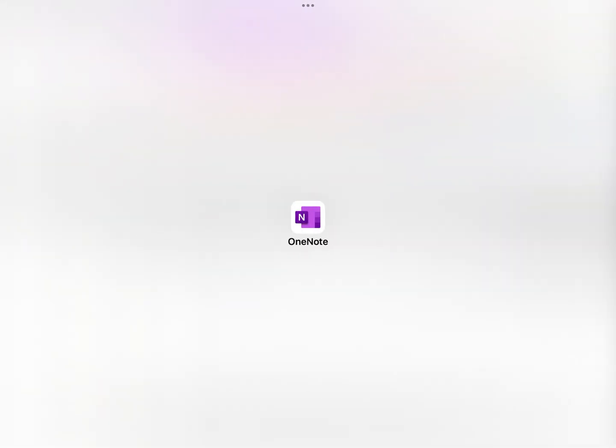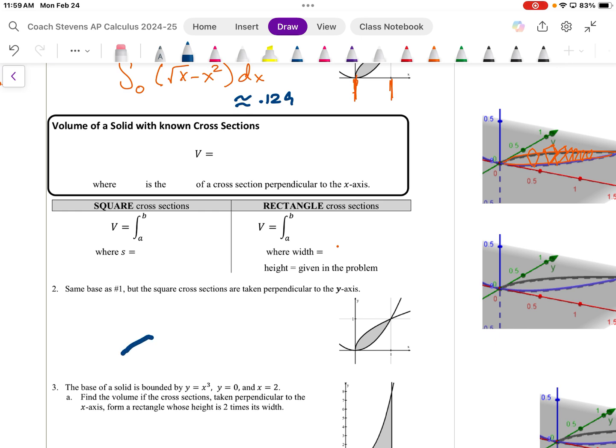More or less, when we look at our formula, what is the volume? In this case, for generic sakes, it's the integral from a to b of the area, whatever your area function is, dx. That's your generic formula, where A of x is the area of a cross section perpendicular to the x-axis.